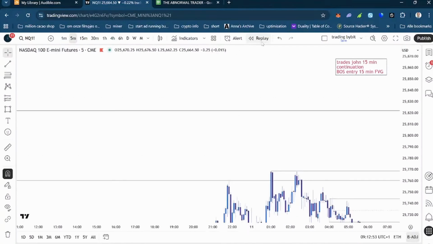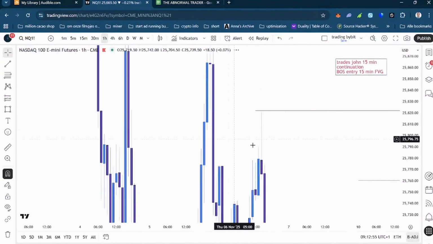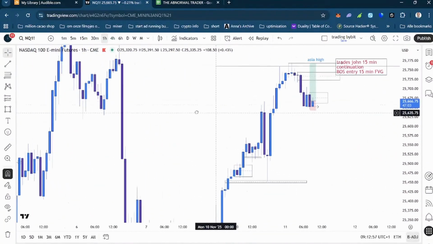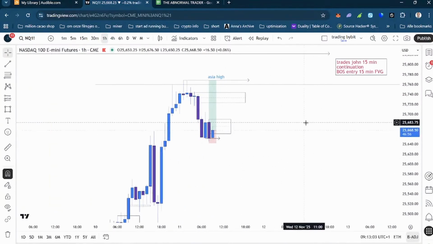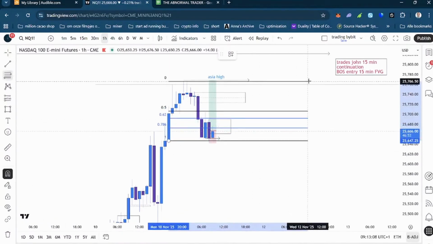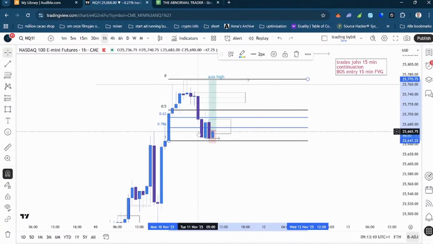You can find value gaps everywhere. But together with your Fibonacci tool, you will know which ones are better to take and which ones are less good to take. If you take that Fib tool, you can draw a range, and we can say we're at that 0.7-0.8 level, and we can continue in the direction where the market wants to go.